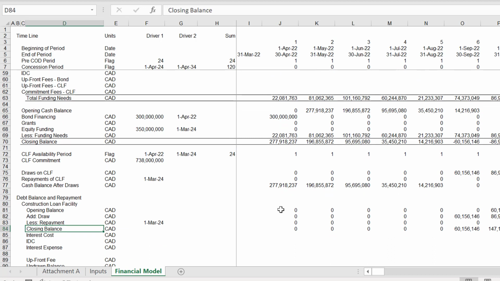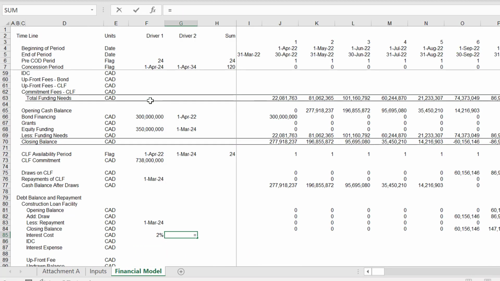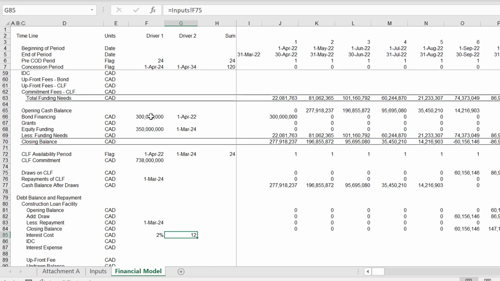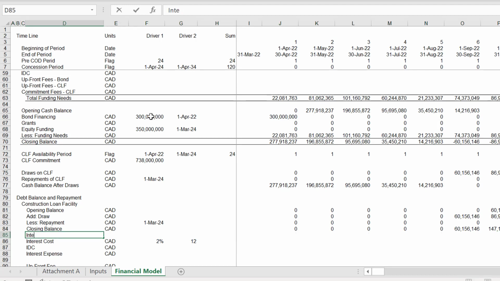So this is our CLF facility. Our interest cost here, be careful, it's this plus this, but don't forget we have 12 periods per year. So probably the best thing to do would be to put in an interest rate and put this as a percent, and we'll move this up, and we'll take this F4 divided by F4.